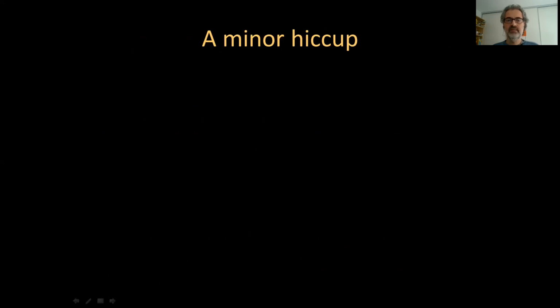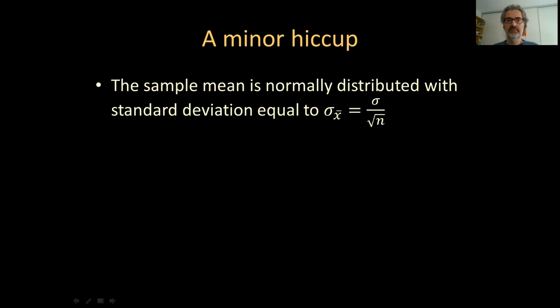Actually, this is not exactly correct. There is a little problem. The little problem is that the theoretical expectation is based on the sampling distribution of the mean, which is normally distributed with the standard deviation equal to this thing. So we're talking about a fraction of the population standard deviation.